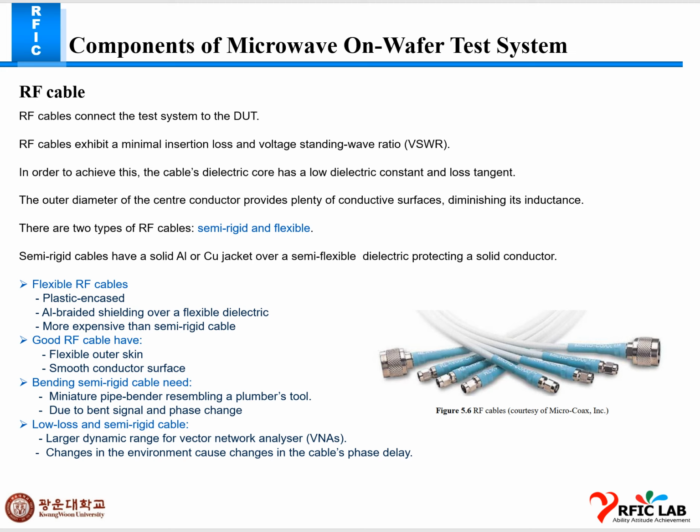Semi-rigid cable is bent in a miniature pipe bender resembling a plumber's tool, which causes phase change due to bend angle. Semi-rigid cable has low loss and a larger dynamic range for the vector network analyzer. Change in the environment causes change in the cable phase delay.